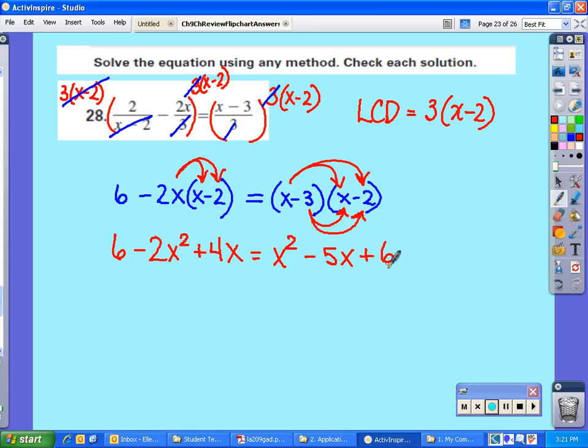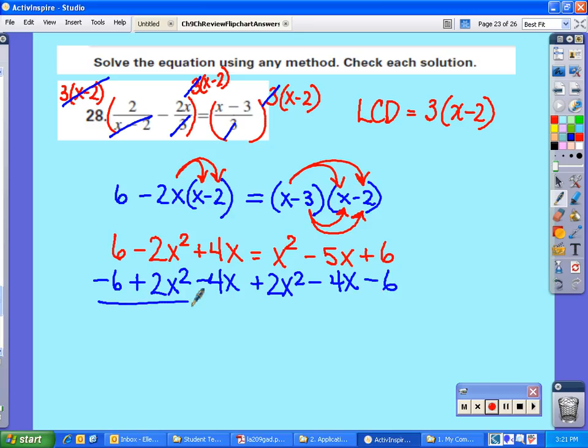Because we have a quadratic, we're going to move everything over to one side. I'm going to start by adding 2x squared because I like to have my first term positive. So we'll put plus 2x squared. We're going to subtract 4x from both sides, and we're going to subtract 6 from both sides.